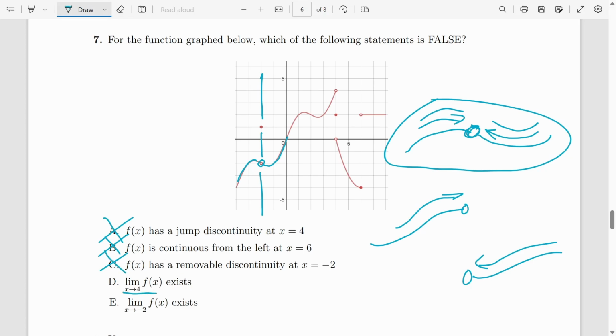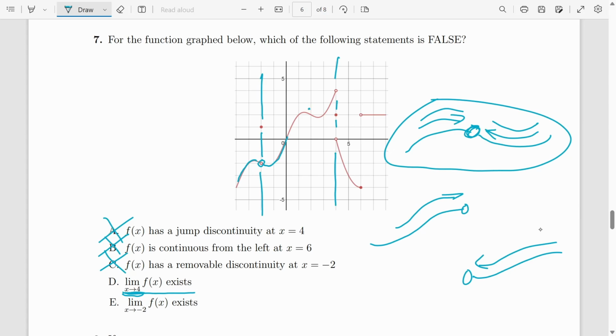D, a little different, just the limit as x approaches 4 exists. So limit as x approaches 4, which is here. We already actually looked at that one. I think this is our one because it's just asking for the general limit, not the left-sided limit or the right-sided limit, just the regular limit.